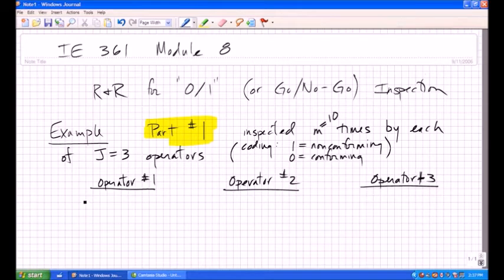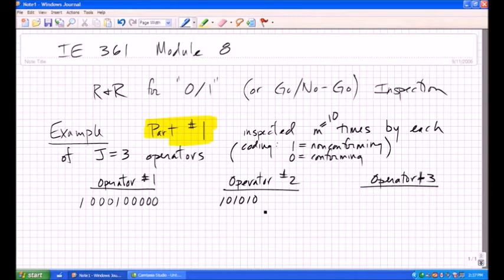For sake of illustration here, let's write down some hypothetical records for these operators. Perhaps operator number 1 calls it non-conforming, conforming, conforming, conforming, non-conforming. There are 1, 2, 3, 4, 5, 6, 7, 8, 9, 10 calls for operator number 1. For sake of argument, let's suppose that operator number 2 calls it non-conforming, conforming, non-conforming, conforming.